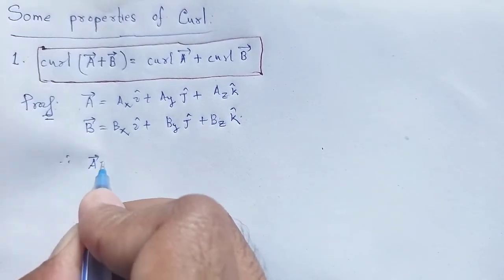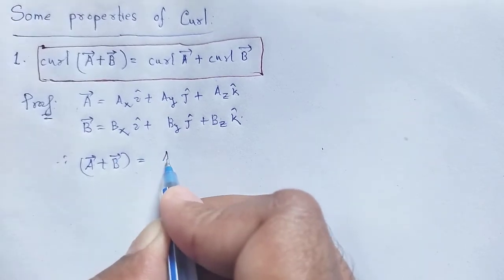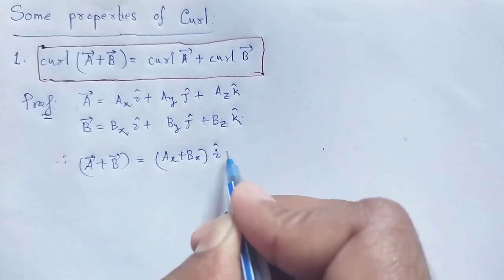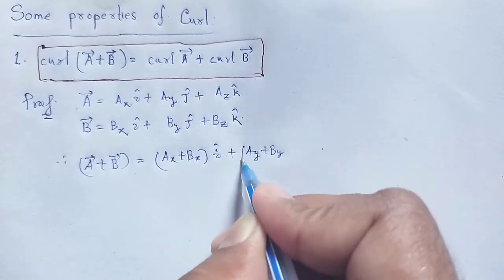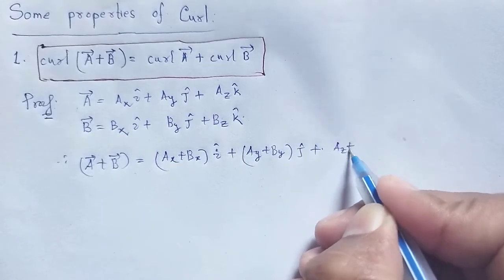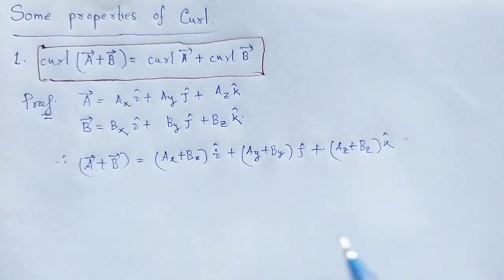Therefore, A vector plus B vector we can write as (Ax plus Bx) i cap plus (Ay plus By) j cap plus (Az plus Bz) k cap.